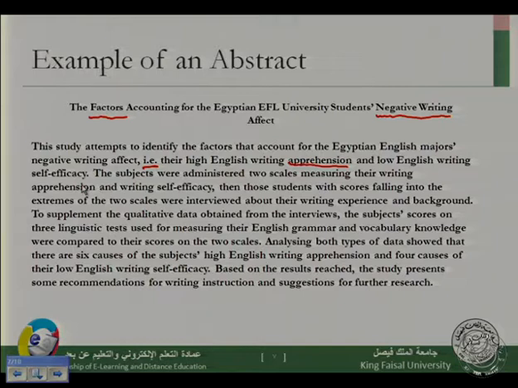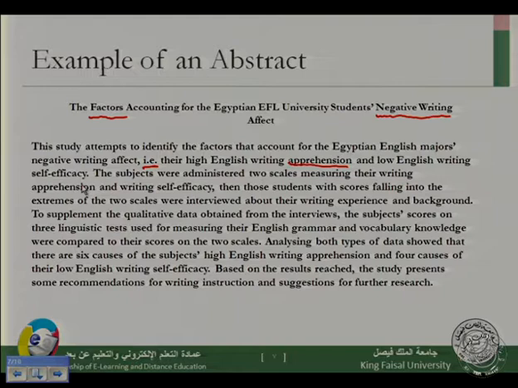The subjects were administered 2 scales measuring their writing apprehension and writing self-efficacy. Then those students with scores falling into the extremes of the 2 scales were interviewed about their writing experience and background. To supplement the qualitative data obtained from the interviews, the subjects' scores on 3 linguistic tests used for measuring their English grammar and vocabulary knowledge were compared to their scores in the 2 scales.